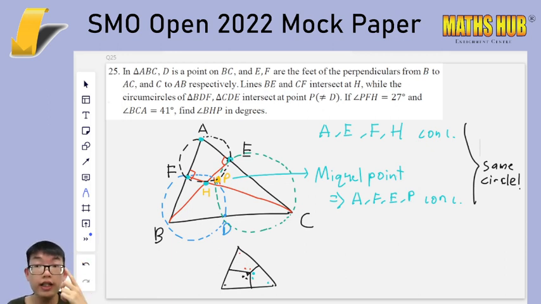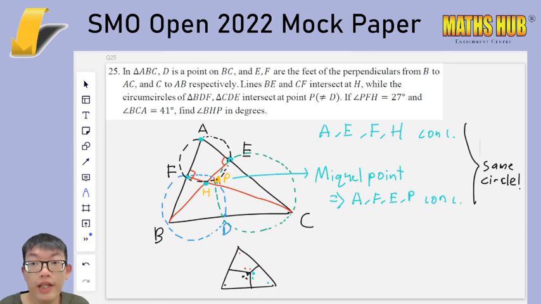Now, how do we get to angle BHP? As I said, there are a few different options for how one might want to go about this. You can perhaps most easily just look at this point H and find all the other angles around it.